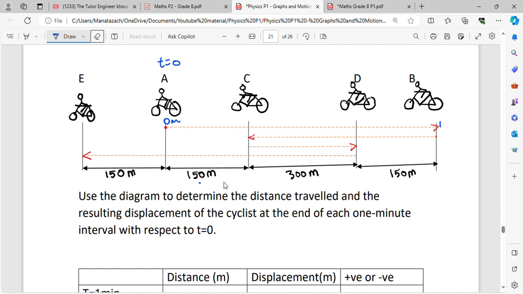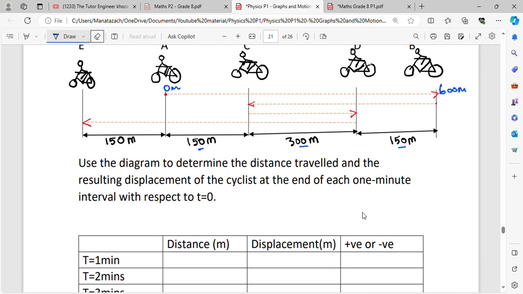It is 150 plus 300 plus 150, which is going to be 600 meters. So that will be the distance, 600 meters. It will also be the displacement, 600 meters.